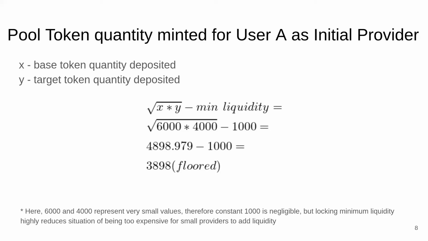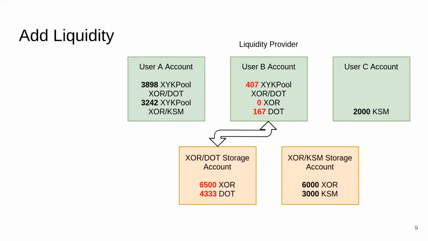That way the pool would not be so unbalanced that small providers, who cannot afford to put in too much liquidity, could still add liquidity to it. I cannot go into more detail on that. It's better described in the Uniswap white paper, so we can refer to that later. So have I answered your question and we proceed? Okay, let's go next. We can return to that later.